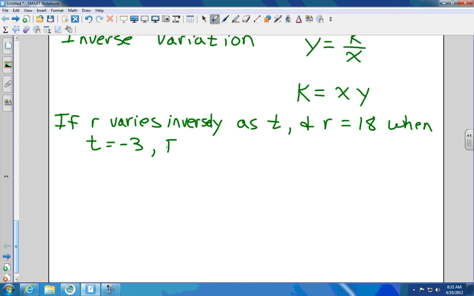So that's all given. Now we're on the find part. Find R when t equals negative 11.